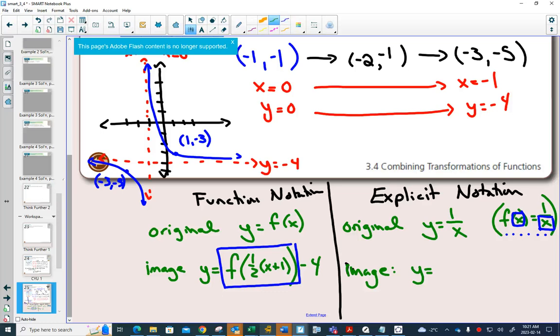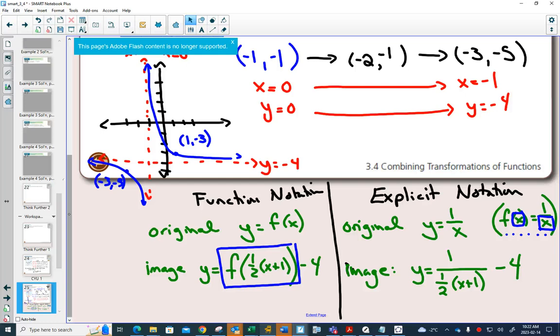We would replace the x with 1/2 x plus 1. We have a minus 4 after the function. We would still have a minus 4 after the function. The question for you is, if they gave this question in explicit notation, would you recognize the half here as a horizontal stretch, a horizontal translation, and a vertical translation?